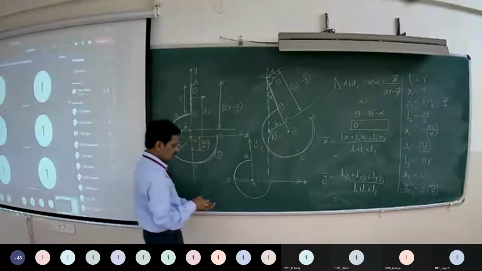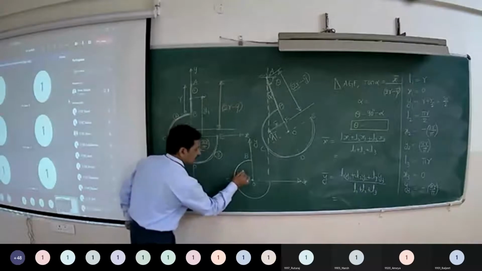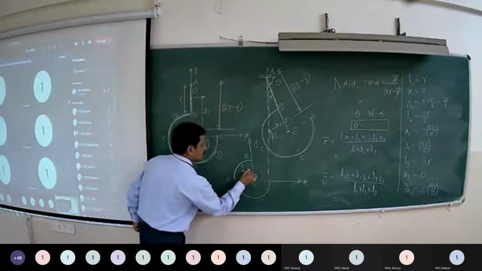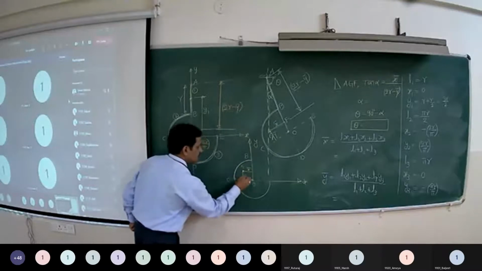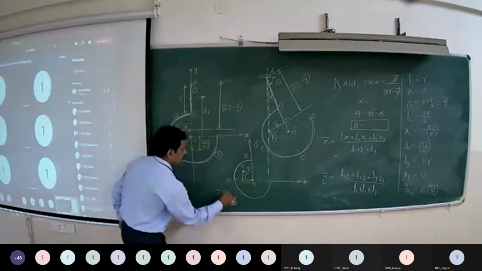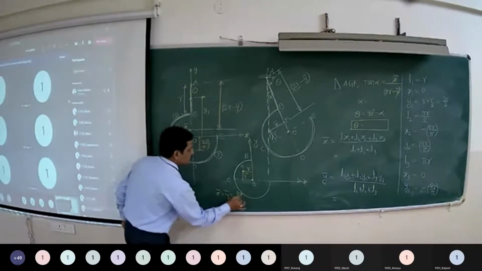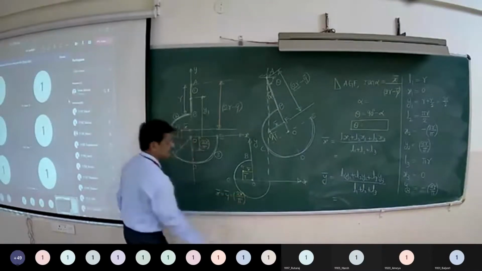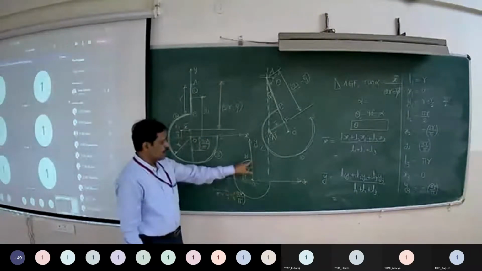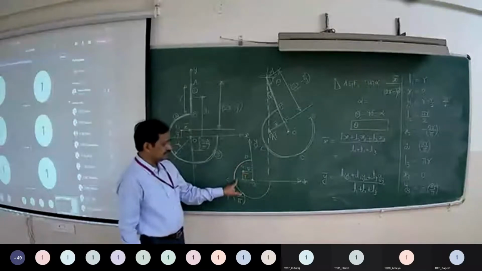For this quarter circular arc, the centroid will be located at a distance x bar from y-axis, y bar from x-axis, given by x bar is equal to y bar is equal to 2R by pi. Refer formulas for quarter circular arc.